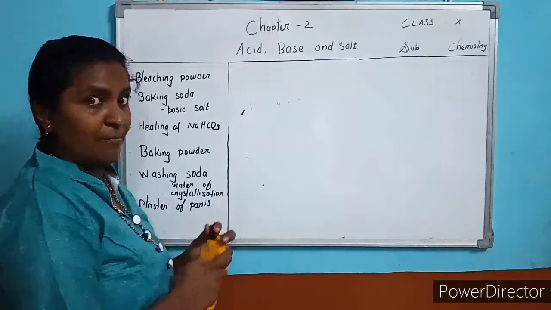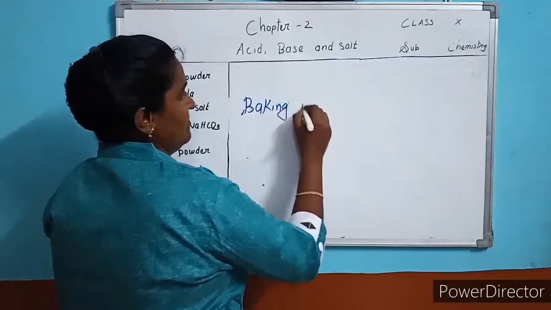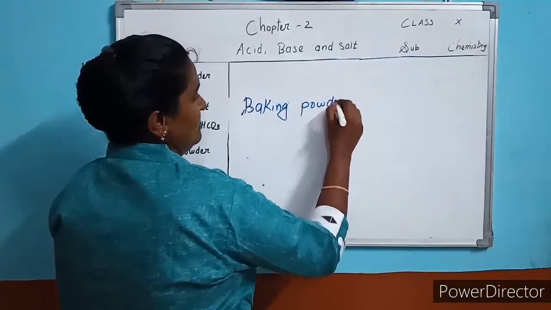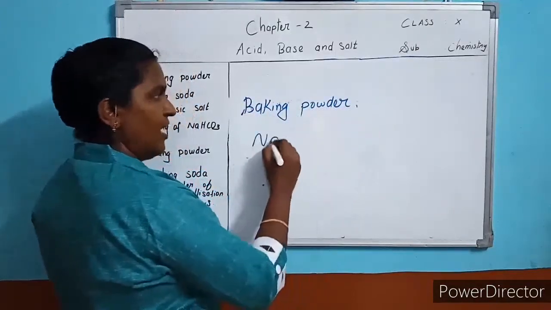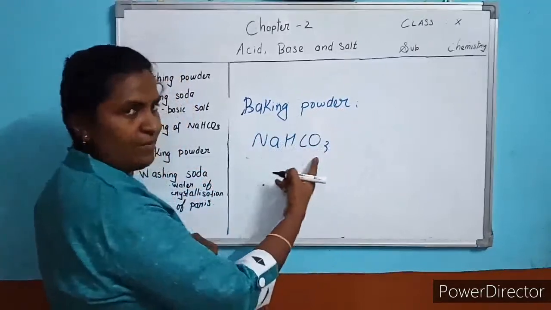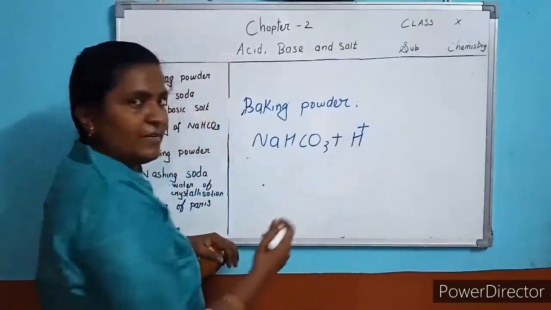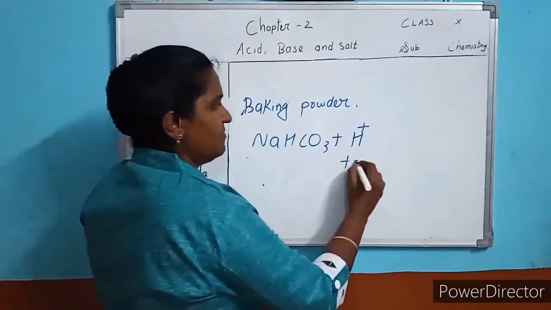How will you prepare baking powder? To the baking soda, sodium hydrogen carbonate or bicarbonate, you add edible acid. That means tartaric acid.